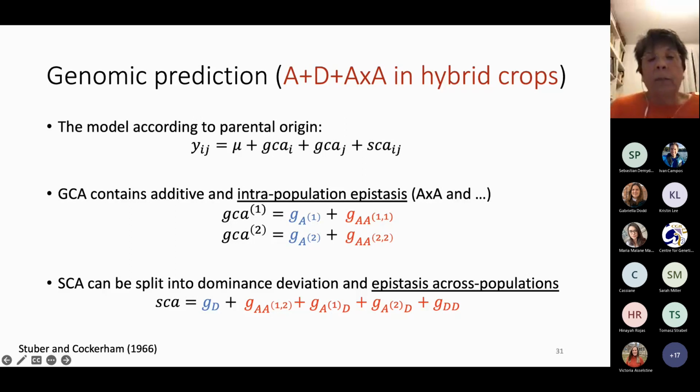For instance, for the general combining ability of the population 1, we have the additive effect of the population 1, but we have also the intra-population epistasis. And it's the same for the population 2. And when we look at the specific combining ability, we will see that inside we have the dominance deviation, and we have also the epistatic across population, the additive by additive, and then we have the additive by dominant, with the first population, with the second, and the dominant by dominant epistatic.